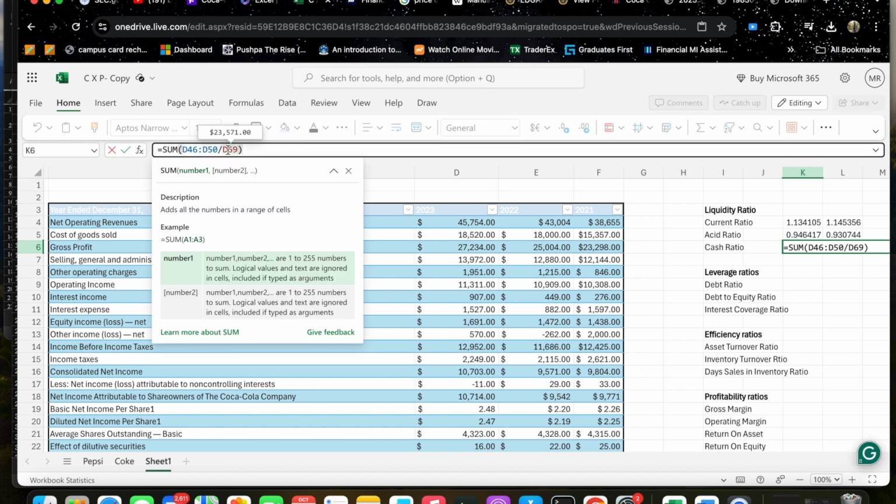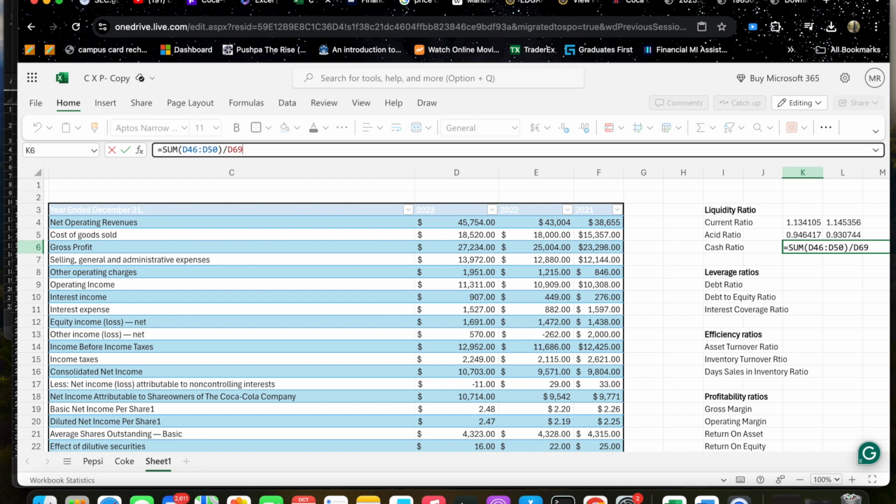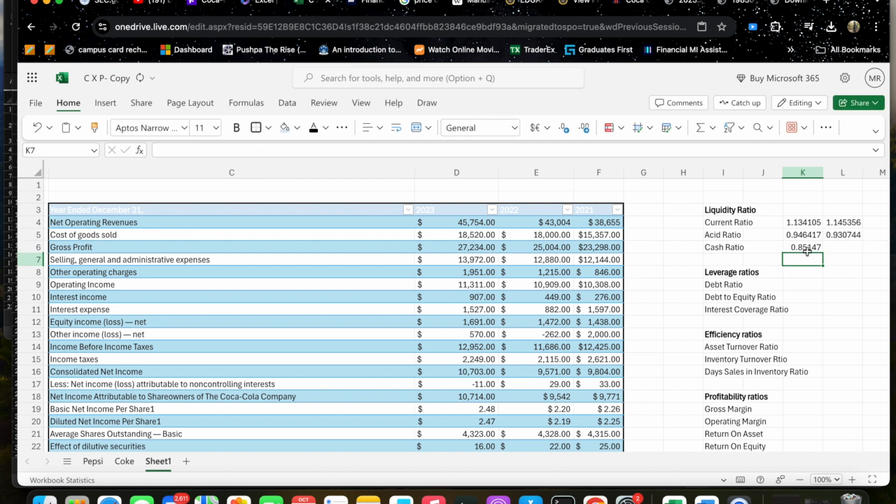I need to put a bracket here, remove the last one. Here you go, it's 0.85. Simply drag the formula bar to find the cash ratio of the year 2022.